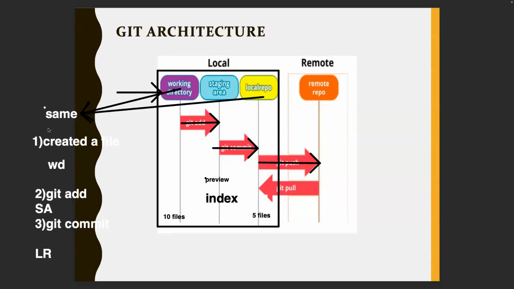Coming back to the point, the working directory and local repository are physically one single folder. Depending on the context, logically it's called the working directory or the local repository. Is this point clear? Has everyone understood this? Have you all noted this point?